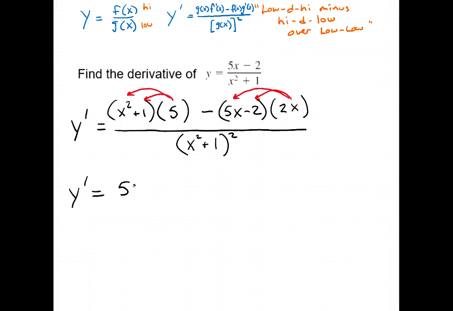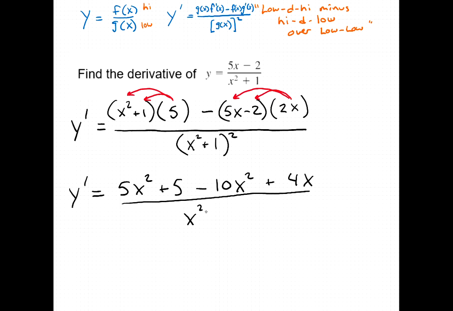So we've got 5x squared plus 5 minus 5x times 2x, so that's 10x squared, and minus a minus, so that's a plus, minus 2 times 2x, so that's a plus 4x, and this is over (x squared plus 1) squared. And we've got some like terms, the 5x squared and the minus 10x squared. We could put those two together.